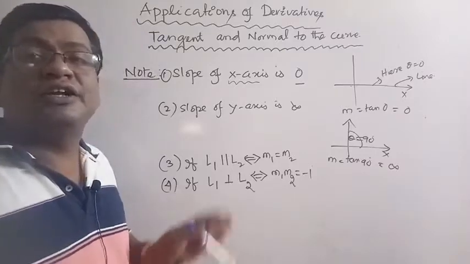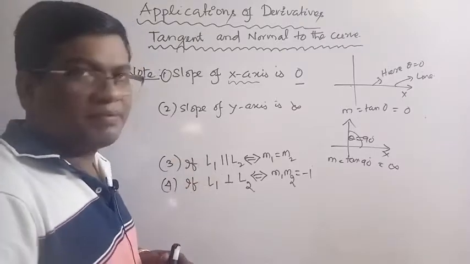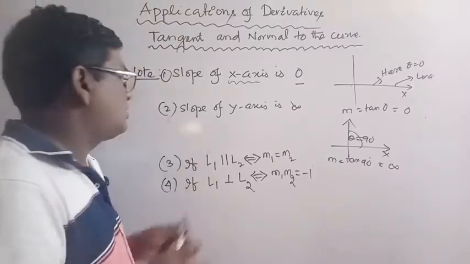Then the slope of the line joining two points.